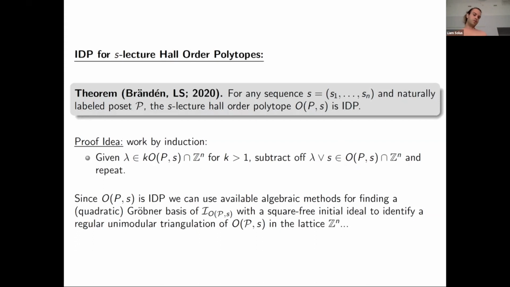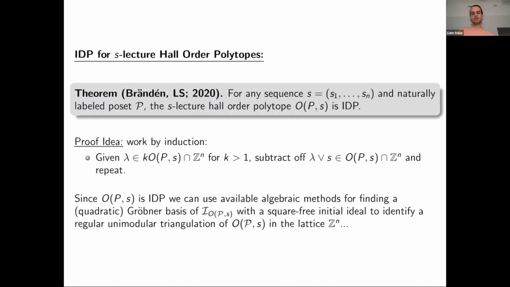But the good news now is that since all of these polytopes are IDP, that whole algebraic, geometric, and combinatorial story that we just went through works in this case. So we can identify reduced Gröbner bases for this toric ideal, I_{O_PS}, with something called a square-free initial ideal, in order to identify a regular unimodular triangulation of O_PS, our S-lecture-hall order polytope in the lattice Z^n.